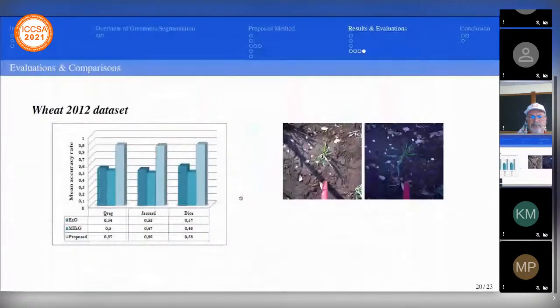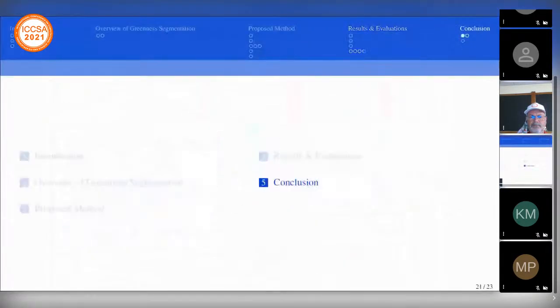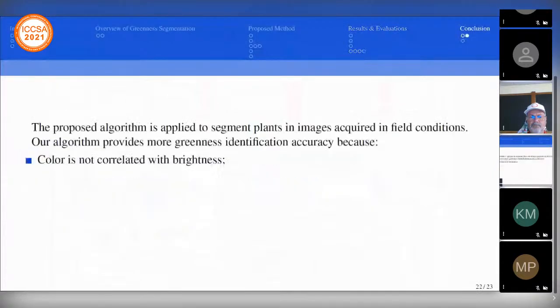To conclude, we have proposed an algorithm able to deal with agriculture images taken in field conditions, so in outdoor and uncontrollable light conditions.